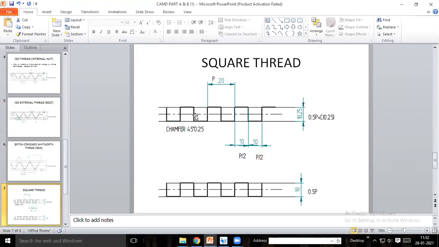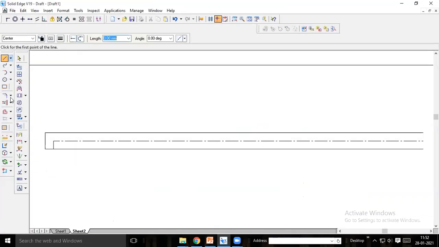Flank faces are parallel to each other. So here it is having a flat line. This distance is P by 2. P value here is 20, so P by 2 will be 10. So draw 10 mm at 0 degree. Then draw this. Again draw 10 mm at 0 degree.